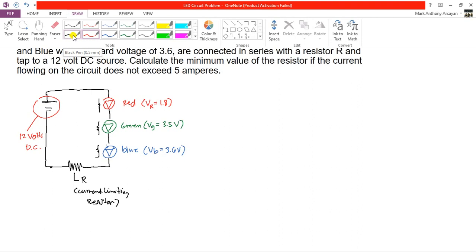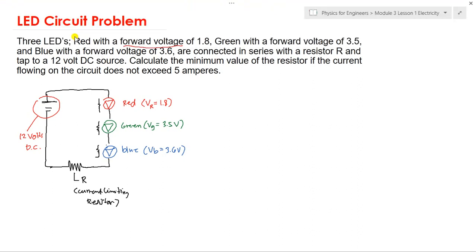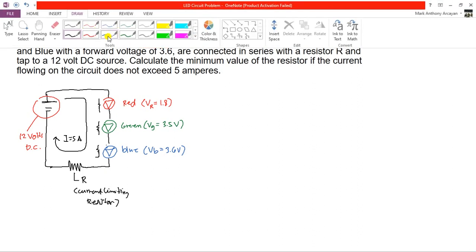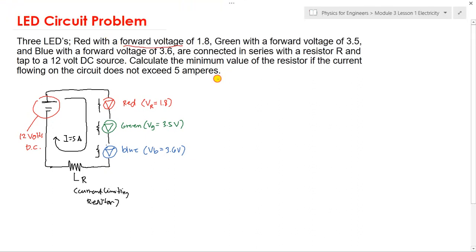So here we have a current that flows along these LEDs and the resistor, and this is I equals 5 amperes. Class, I have a question for you: is it true that the current passing through every LED is equal? True or false? What do you think?